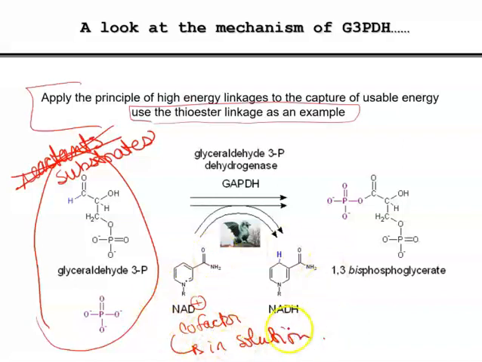This is required to act as a hydrogen acceptor, and we're going to go from the benzenoid form of the nicotinamide ring to the quinoid form.